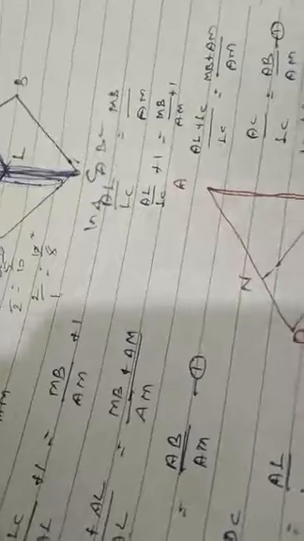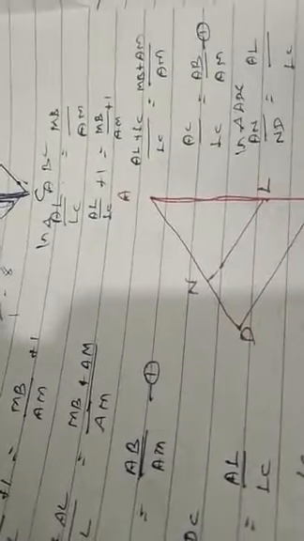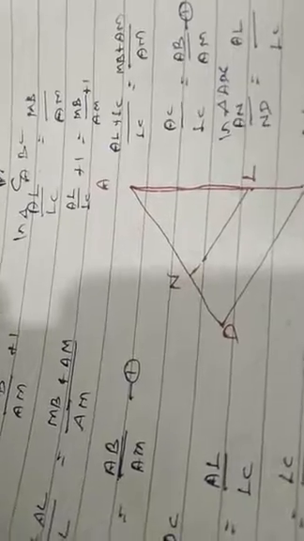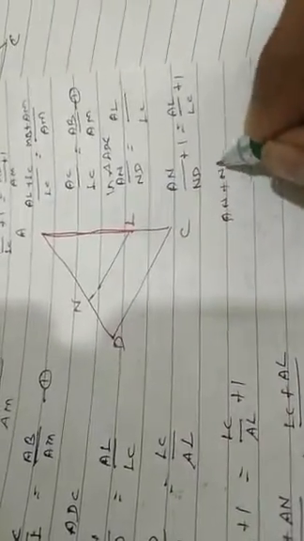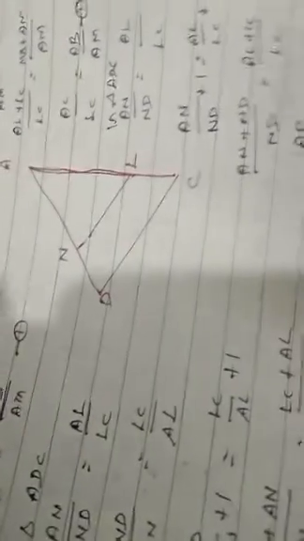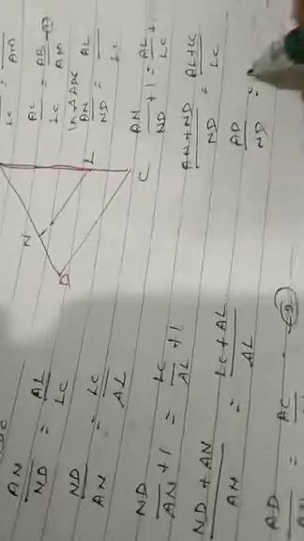So add plus 1 on the left side and right side. AN by ND plus 1 equals AL by LC plus 1. So AN plus ND divided by ND equals AL plus LC divided by LC. AN plus ND is nothing but AD divided by ND, equal to AL plus LC, which is AC divided by LC.